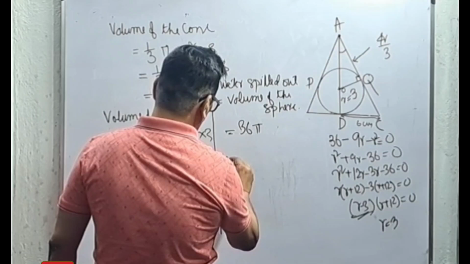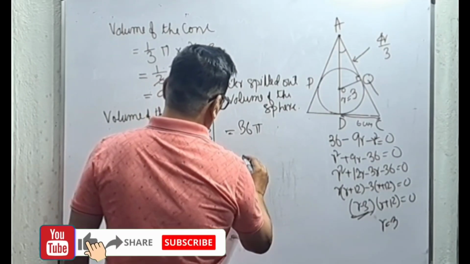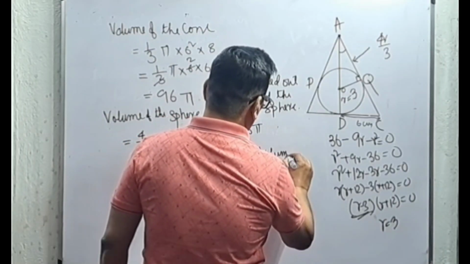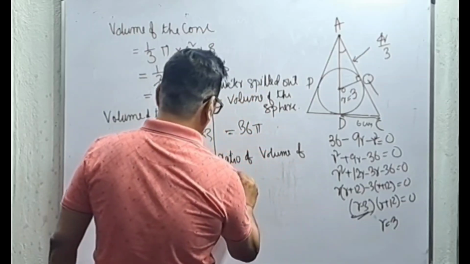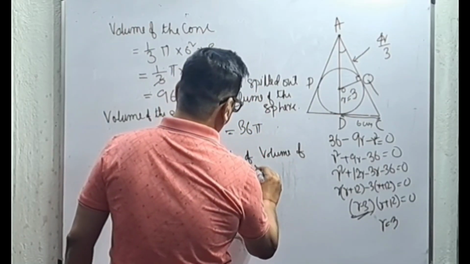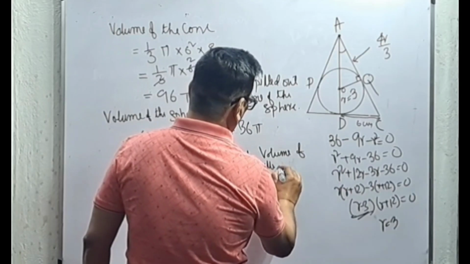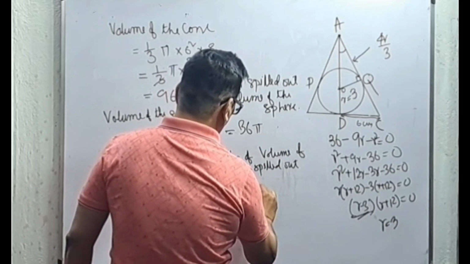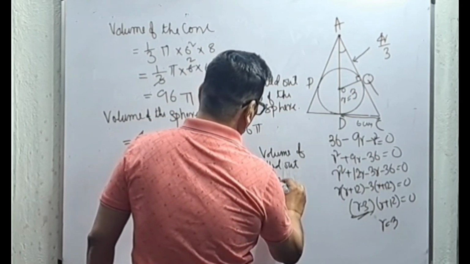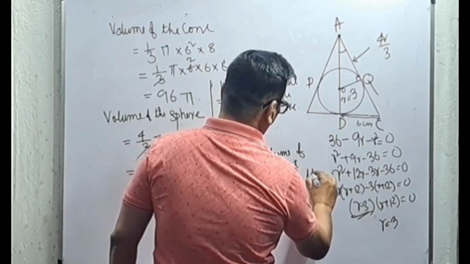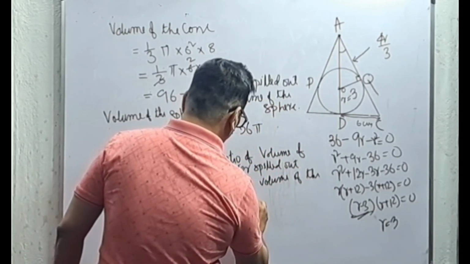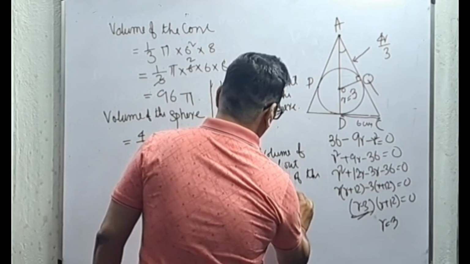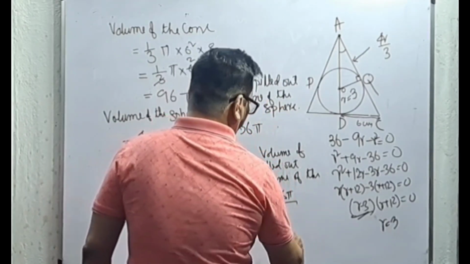So the ratio of volume of water spilled out to the volume of cone is equal to 36 pi by 96 pi.